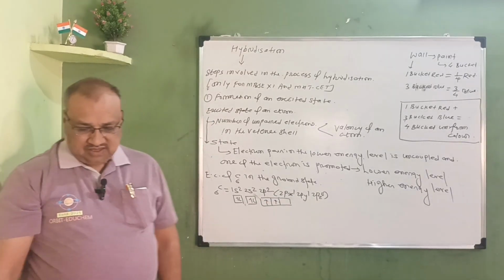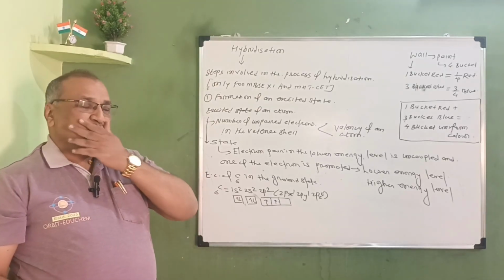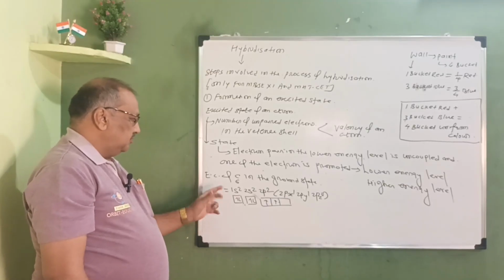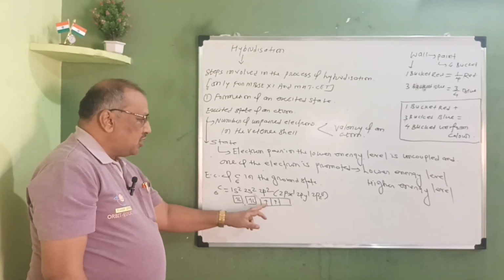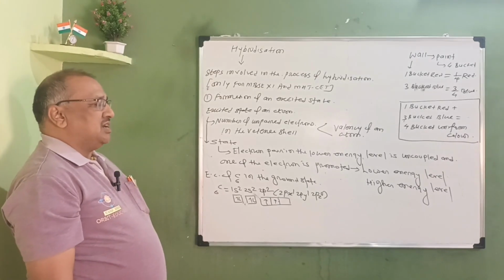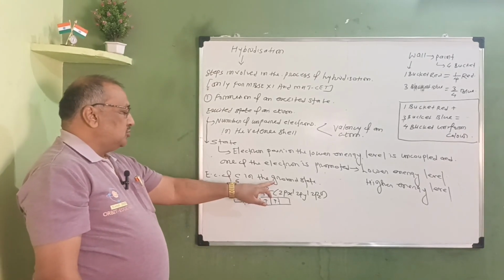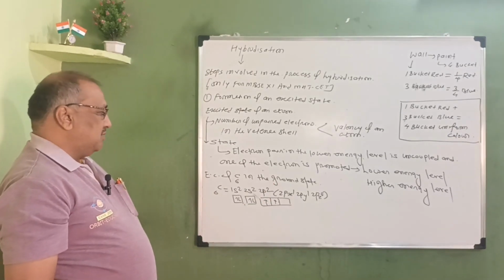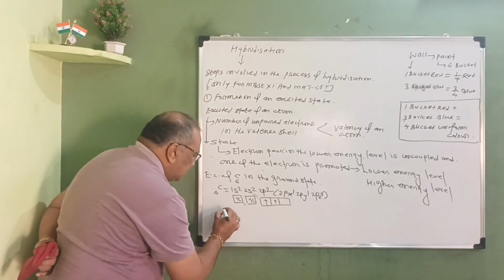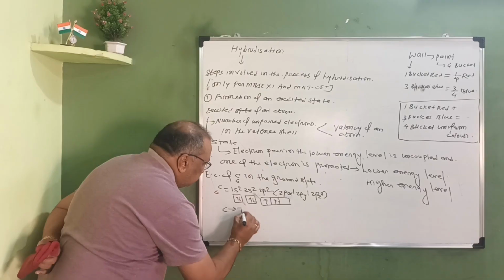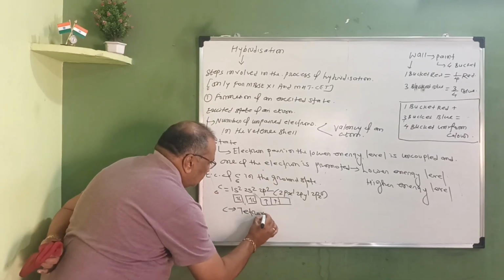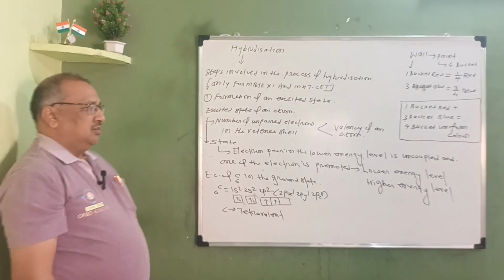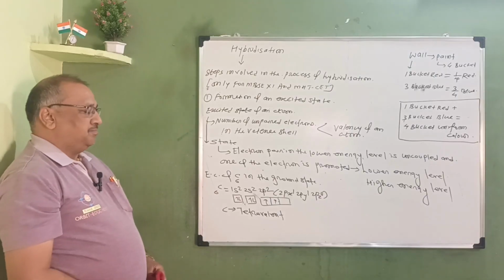Now let us observe here. Carbon atom has two unpaired electrons in its valence shell in the ground state, but carbon is tetravalent. Valency of carbon is 4. That is here carbon is tetravalent.